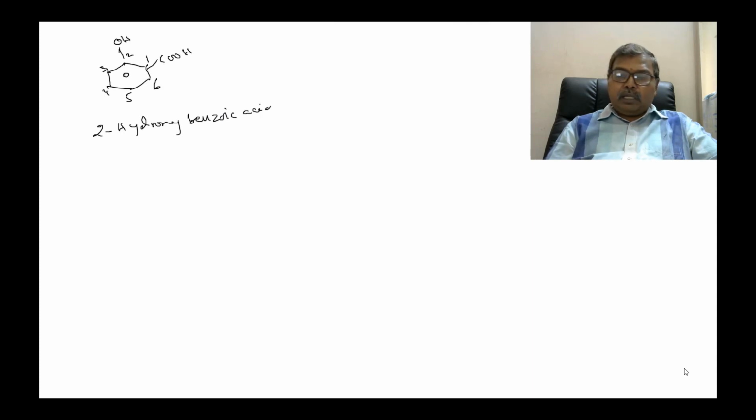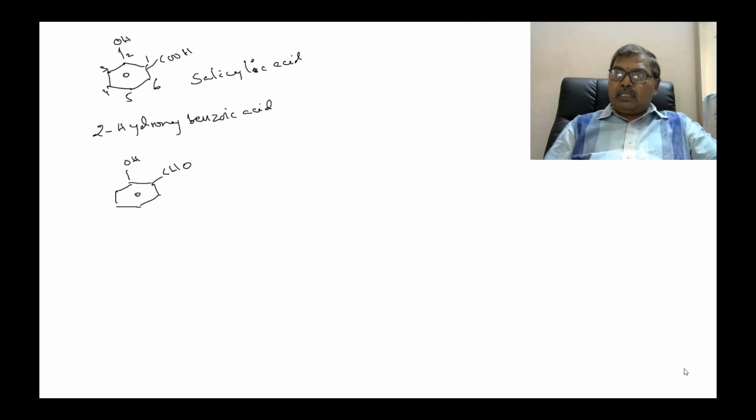Very, very important common name: salicylic acid. Now, two functional groups are there, OH group and CHO group. CHO group is aldehyde; we should give preference to the aldehyde functional group according to the IUPAC system.